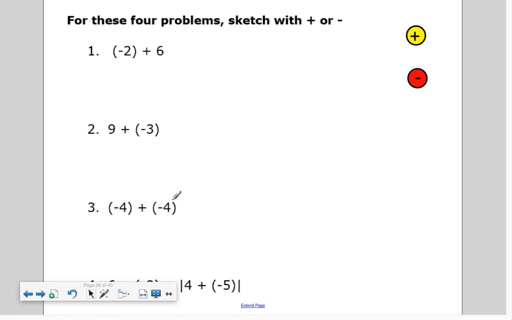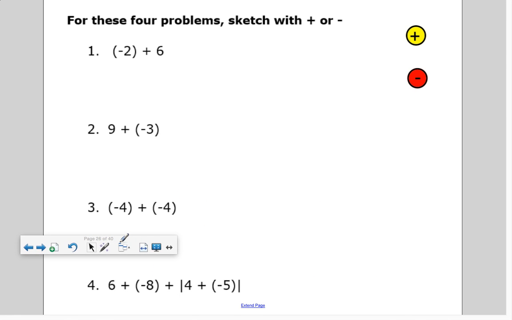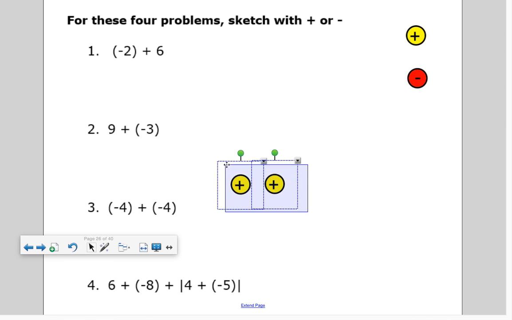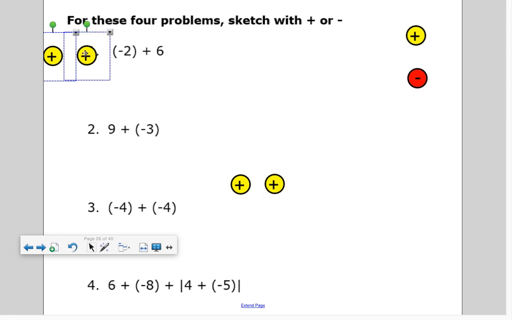All right, so we have 4 examples here. It said use counters to answer these. So let's look at number 4. It says 6 positives. 1, 2, copy, paste.